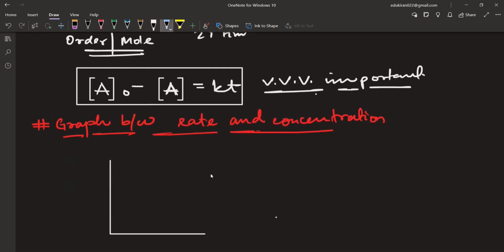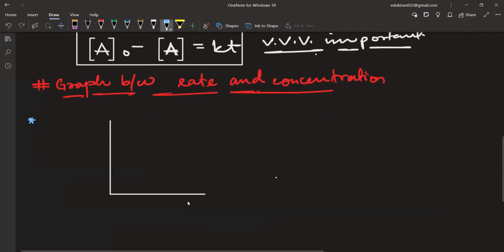Please see. Here I will be putting concentration of reactant, and here we will be having rate. Now we know that rate is equal to K only, and concentration of A to the power 0.